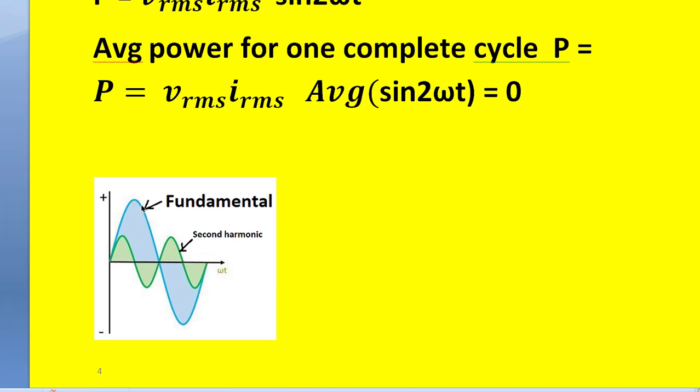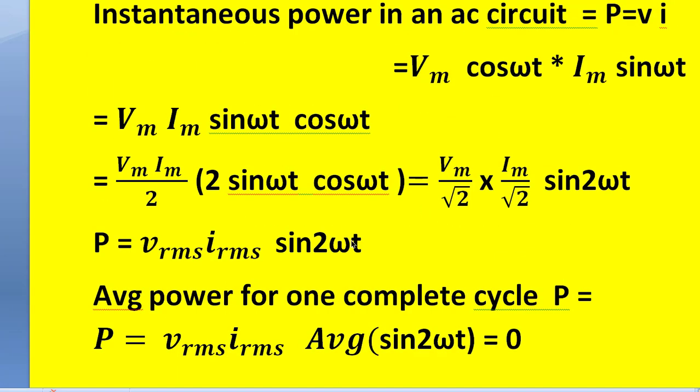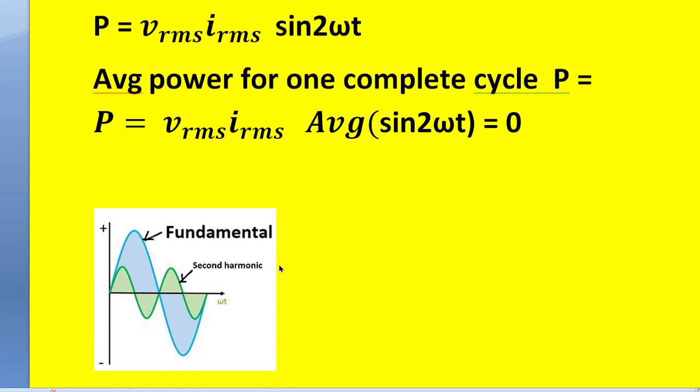This is the fundamental waveform, whereas this is the second harmonic waveform. Second harmonic waveform means this power in this case. So in an inductor, power is given by Vrms Irms sin 2 omega t.